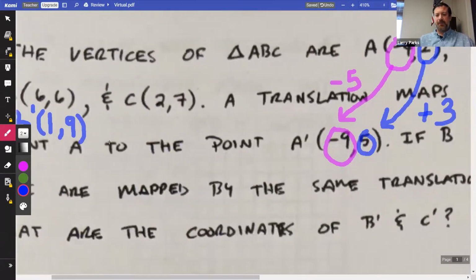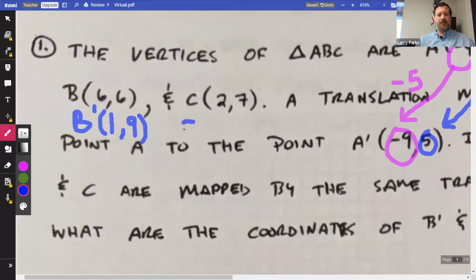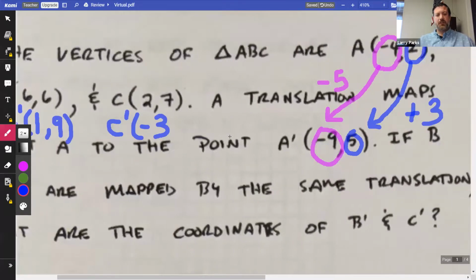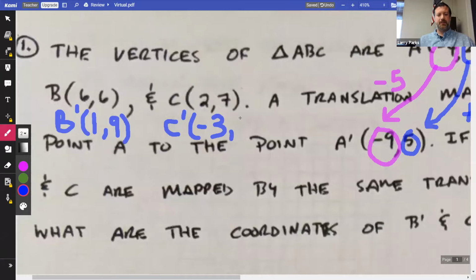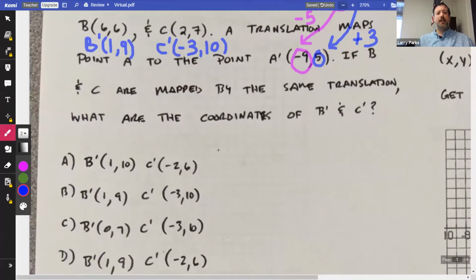And then C, I said subtract 5, add 3, so 2 minus 5 is -3. And then +3 on the other one, that'd be 10. So looking at this, which one would that be? Looks like B. Not that bad. Pretty simple, I think.